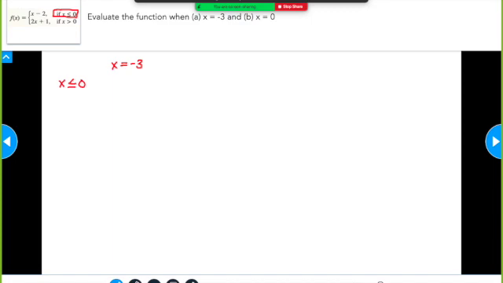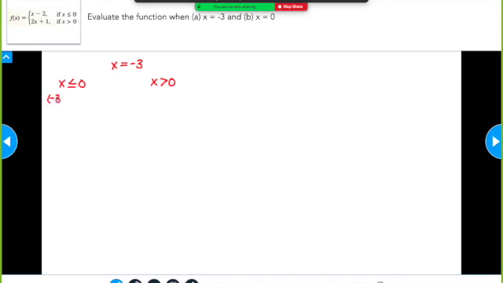The other one says x is greater than 0, which is the other one that's being shown, right? Let me just erase that so you can see the work. The first thing I want to do is substitute all of the x's for negative 3 to see which one would be a true statement.